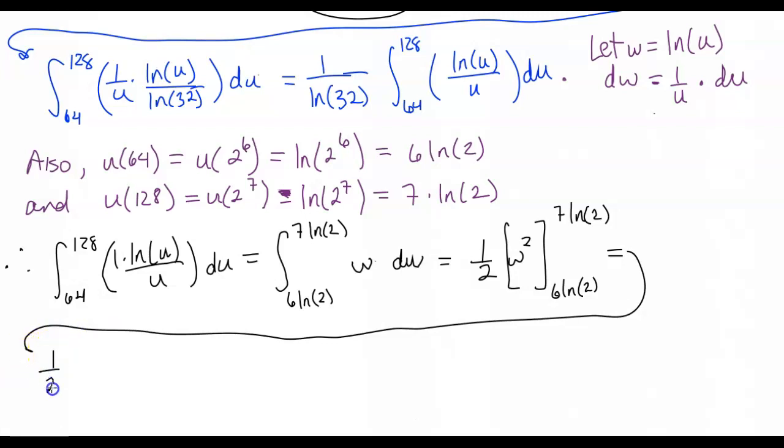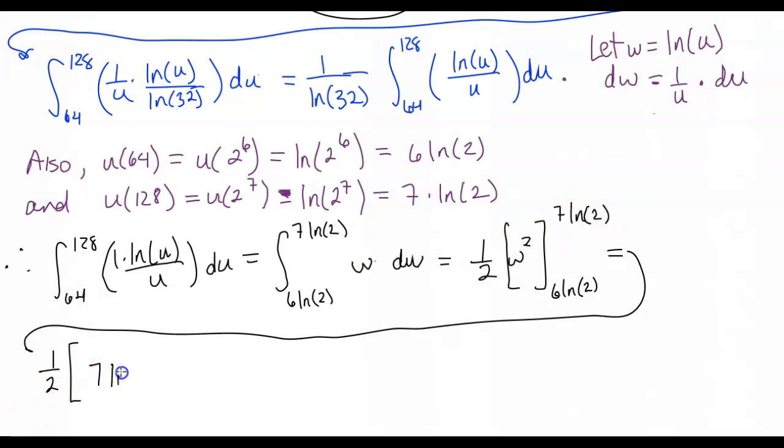So this is 1/2. And of course, I'm going to rewrite this as natural log of 2 raised to the 7 here. No, okay, I think we could leave it the way that I had it. So I'll pause this and keep it the way that it was, and then we'll finish up.